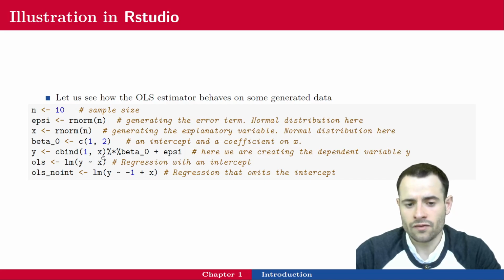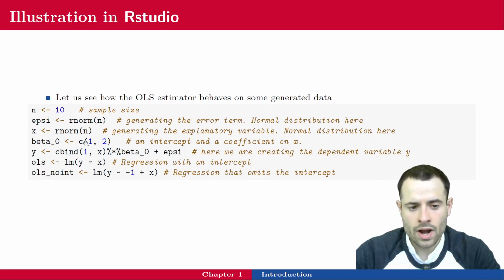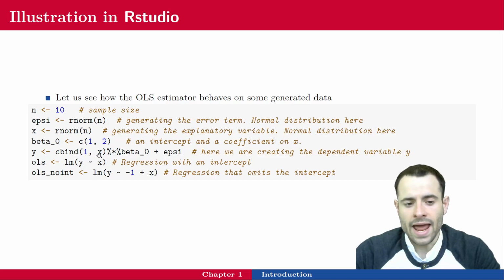So now if I want to create y, I need to multiply my coefficients by my variables. So what I'm going to do is create a variable equal to 1, which is my intercept. And this one will be multiplied by the first number of beta 0, which is 1. And x here is going to be multiplied by the second number of beta 0, which is 2.